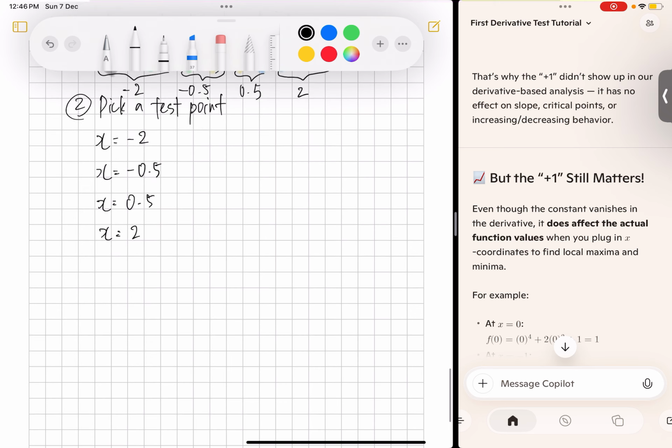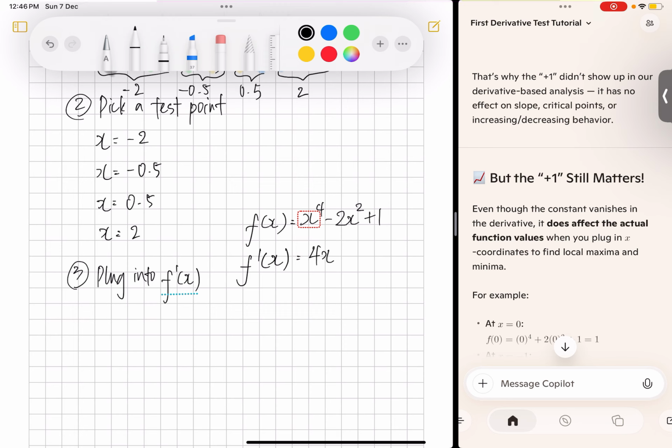After we pick the test point, the third step is to plug into the derivative of f(x). Remember, f(x) is equal to x to the power of 4 minus 2x squared plus 1. After we took the derivative, it turned into 4x cubed minus 4x. Then we took out the common factor 4x. It becomes x squared minus 1.